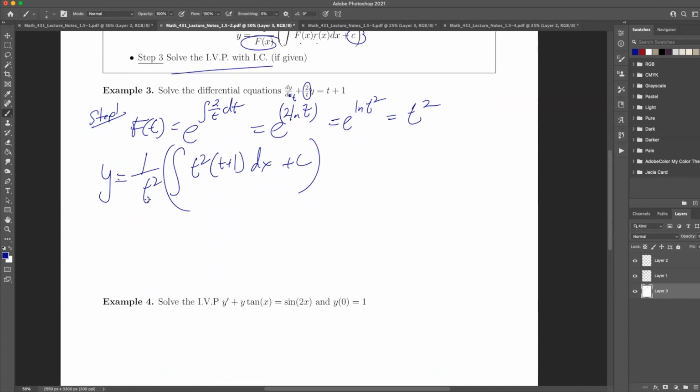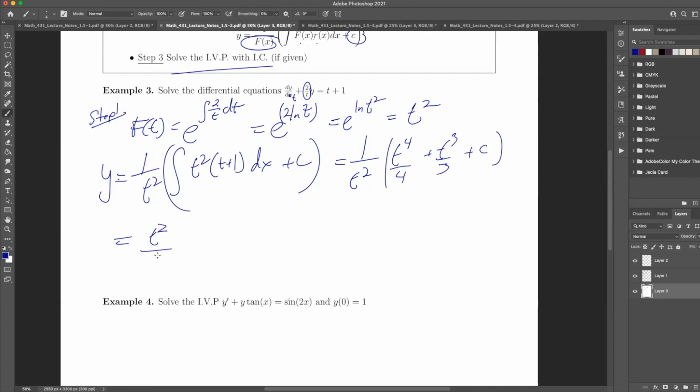All right, so let's compute the integral. I have 1 over t squared. This becomes t cubed, so the integration of that is t to the 4 over 4. This becomes t squared, and that becomes plus t cubed over 3. And then we have our plus c here. Then we just distribute the 1 over t squared.